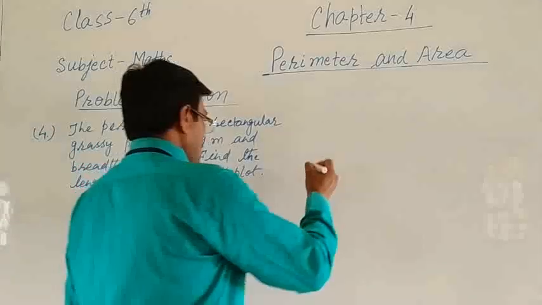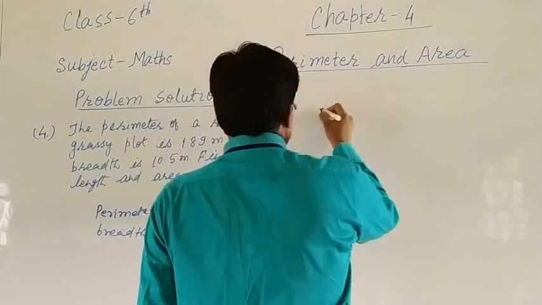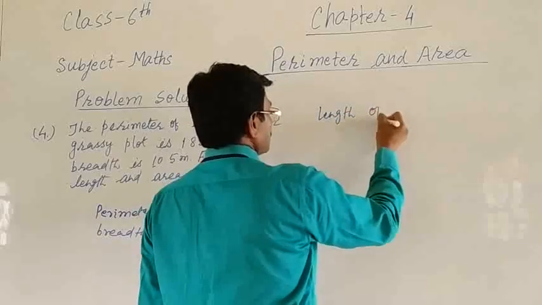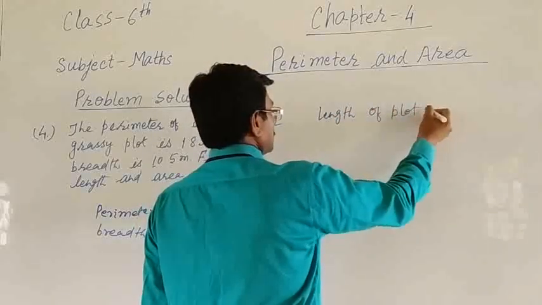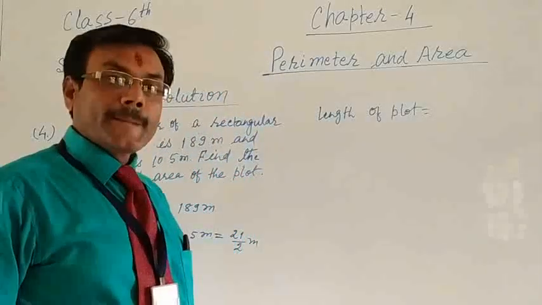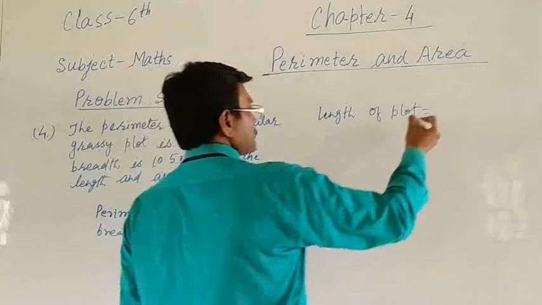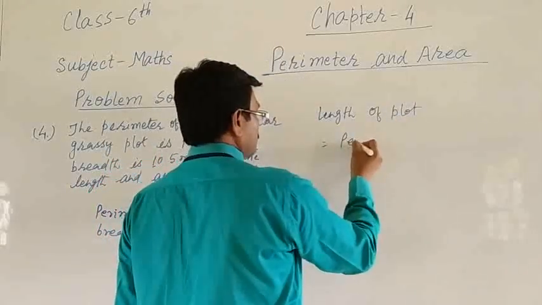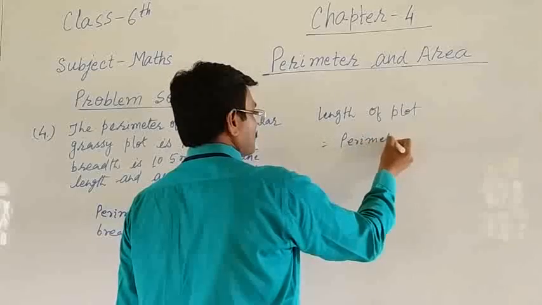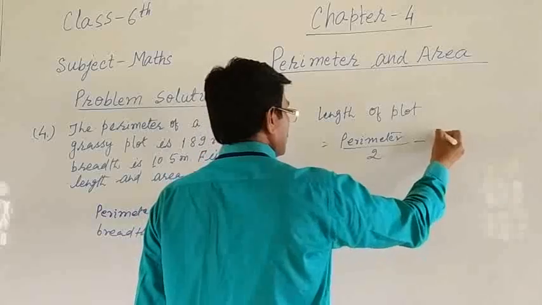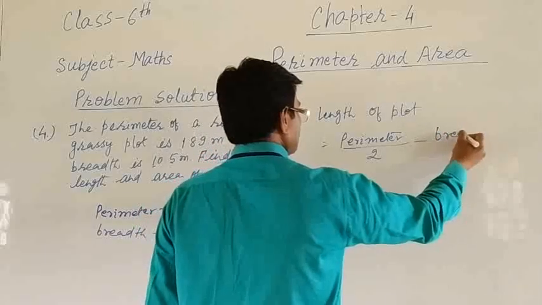So I write down length of plot can be got by perimeter by 2 minus breadth.